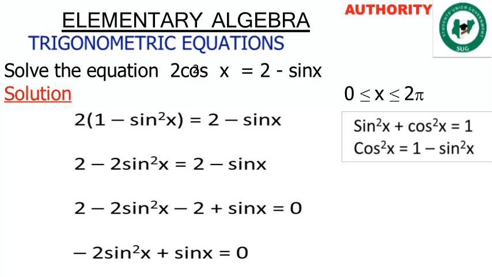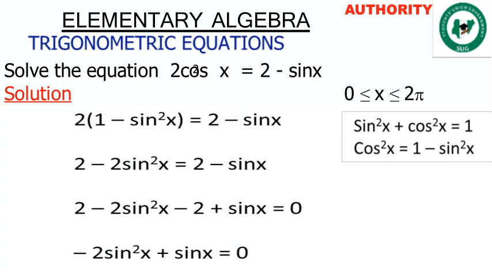Now let's rearrange. We have minus 2 sin²x plus sine x minus 2 plus 2 is equal to 0.